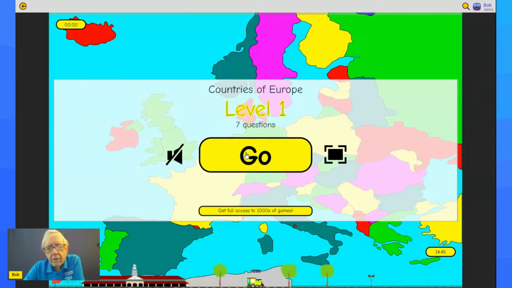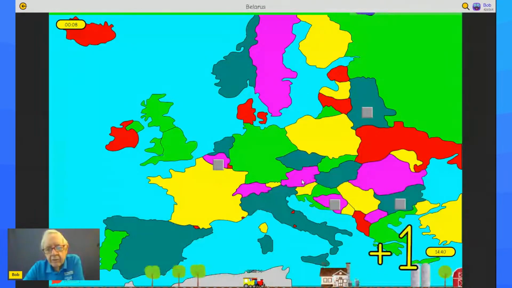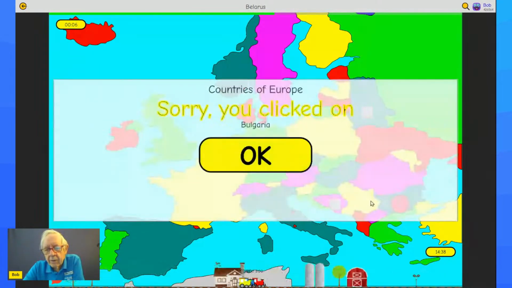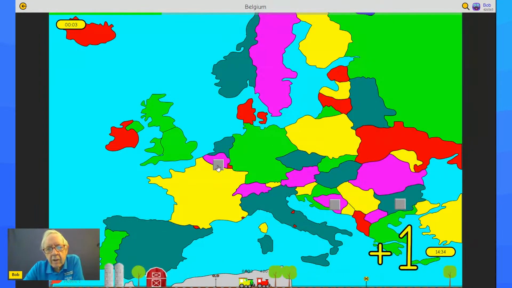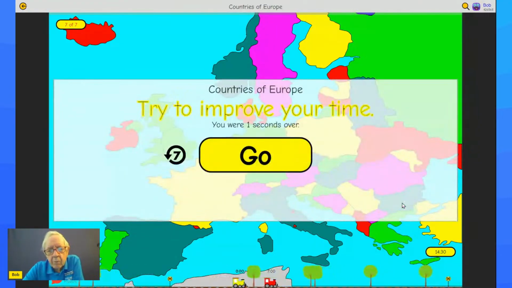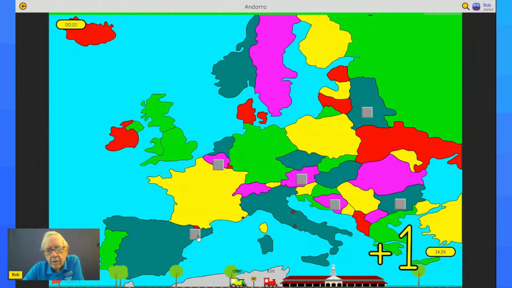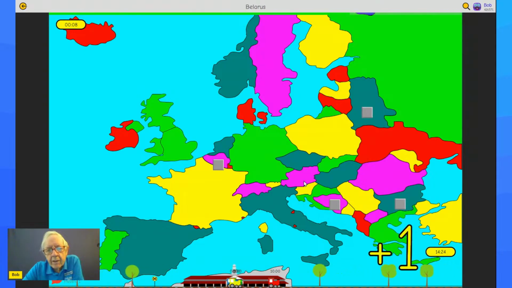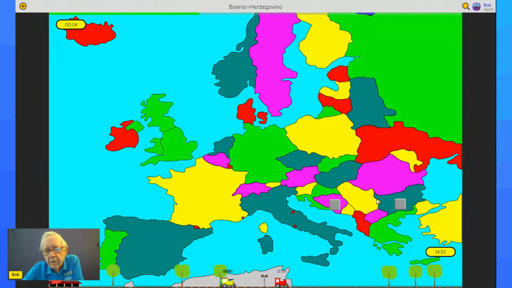Anyway, click go. It asks for alphabetic: Albania, Andorra, Austria, Belarus. What does it ask for? Belarus is up here. Belarus, Belgium, Bosnia, Bulgaria. One second over. Okay. Albania, Andorra, Austria, Belarus, Belgium, Bulgaria.